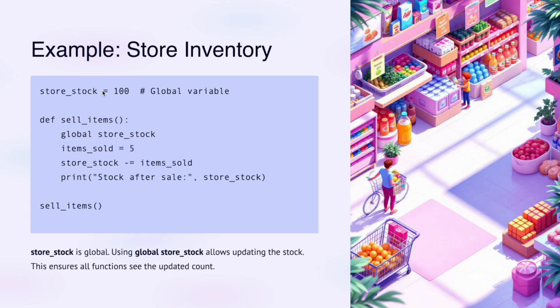So why is this? If you have multiple functions, the global values will get updated for all the functions, which will help the other functions also. Like after the sale, the salesman will also be updated that okay, 95 items are there.